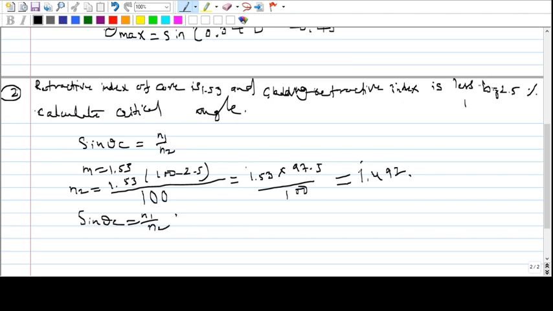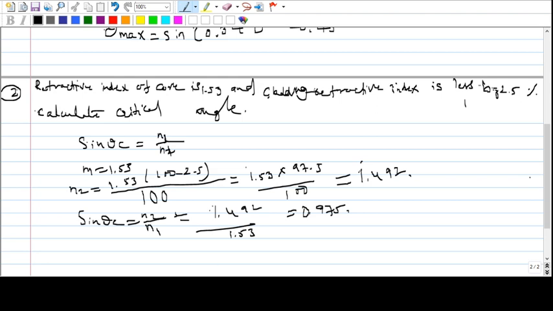Now from this we have to calculate sin theta c, which is n2 by n1. Here n1 is 1.53, so 1.492 by 1.53, the value is 0.975.